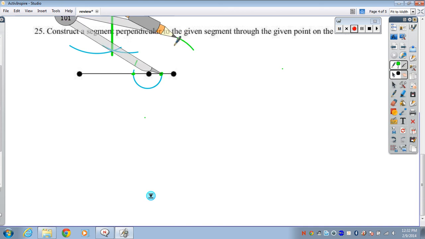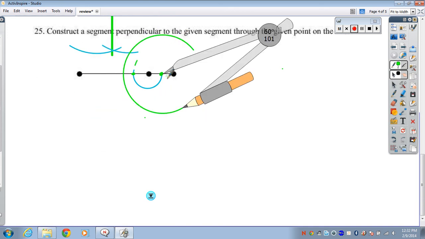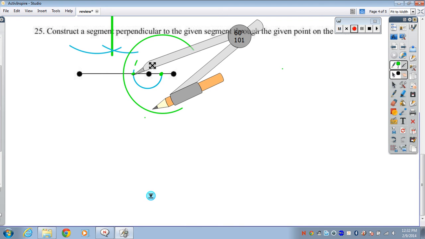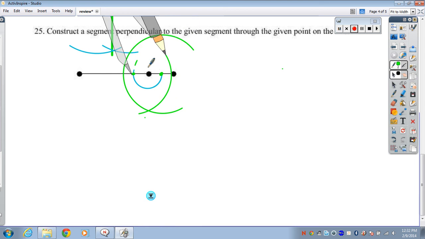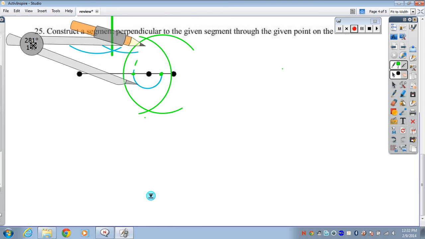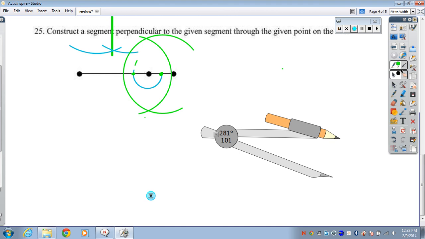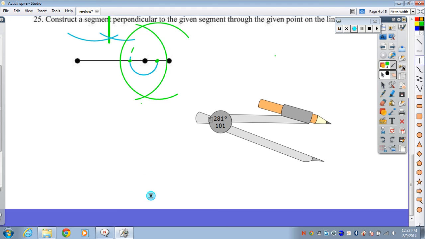So I'm going to draw an arc, just going around like that. Then I'm going to come over here and draw the same arc. There you go. Now I'm going to use my straight edge, and voila, there it is.